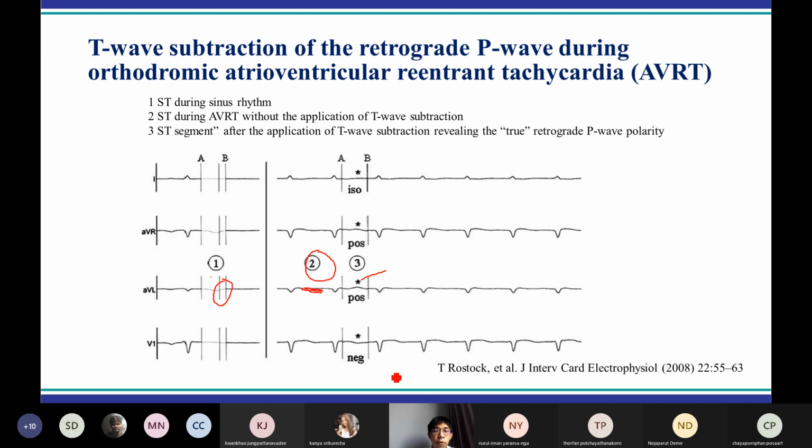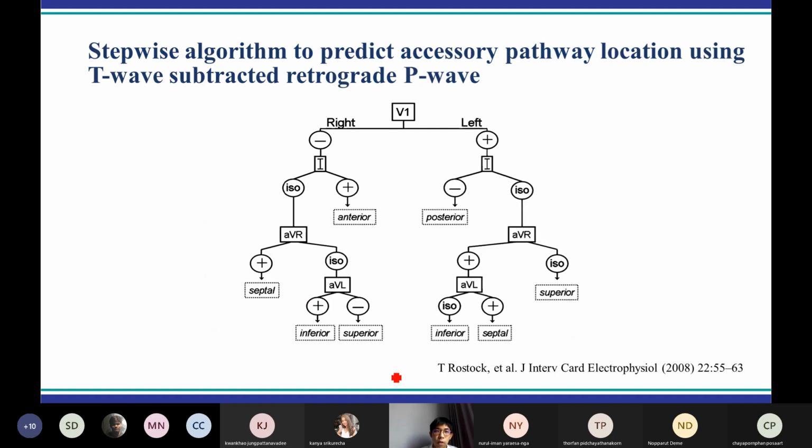Okay, let's move on to the more important one. We can use the P-wave subtraction to identify the location of the accessory pathway.